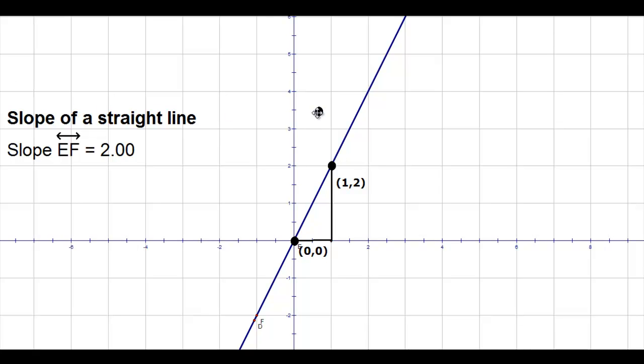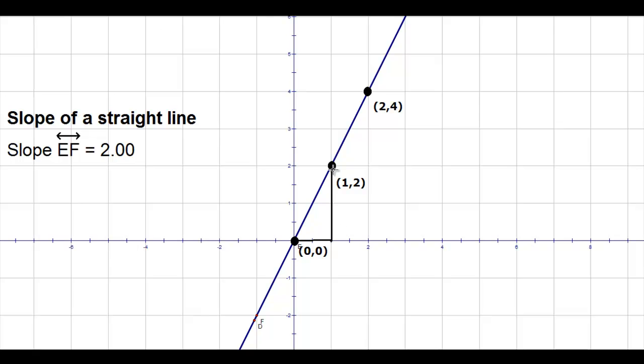Now if we look at the coordinates of this point here, which are 2 and then 4, we witness the same thing.